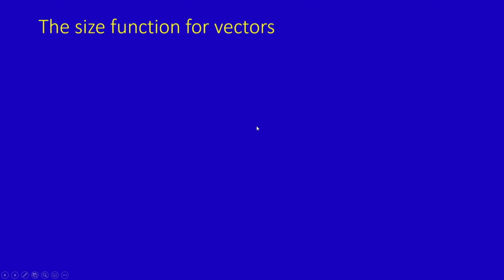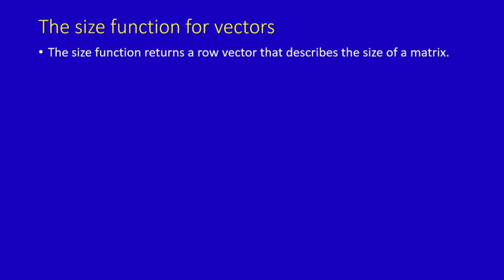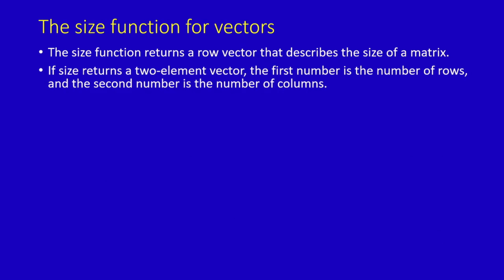Okay, so now that you have some vector, you might need to know how big it is. The size function returns a row vector that describes the size of a matrix. If size returns a two-element vector, the first number is the number of rows and the second number is the number of columns.